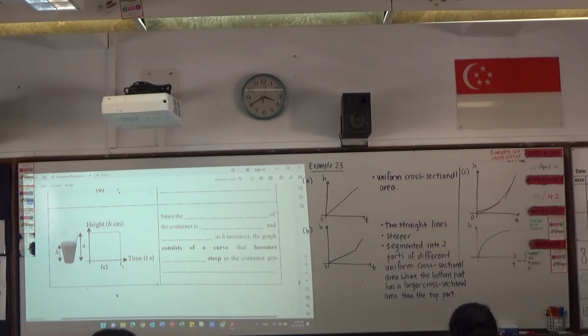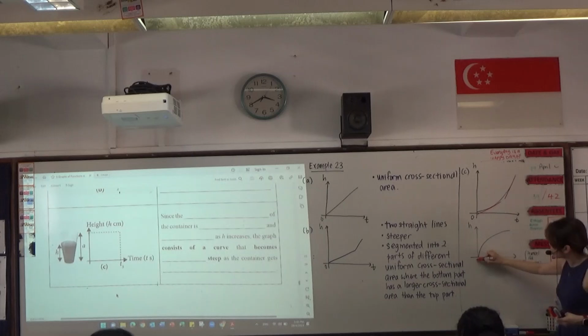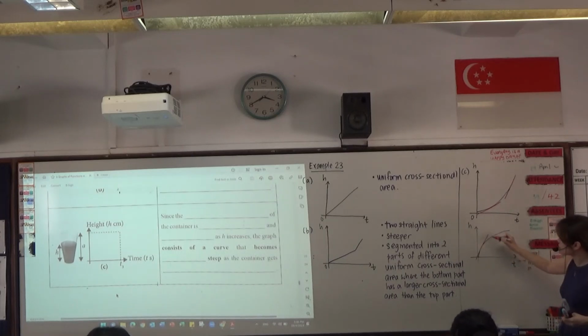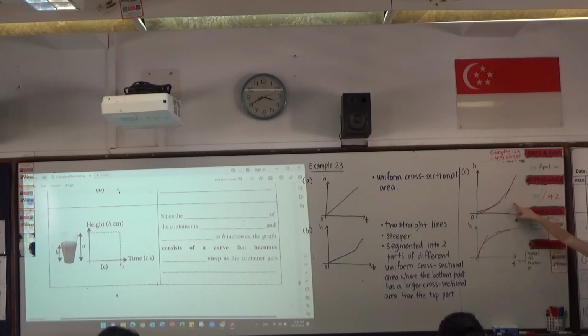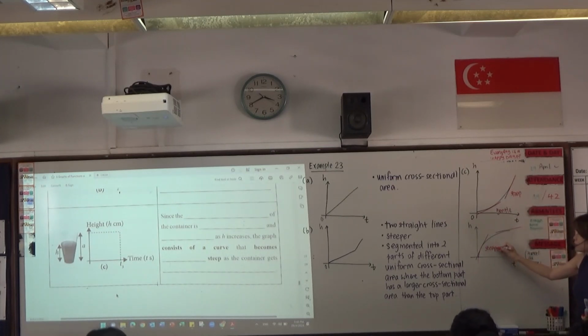So we need to think along the lines of a tangent. In this case, for our tangent, this one looks like this here, and then after that it goes like that. So this one here goes from gentle to steep, while here it goes from steep to gentle.